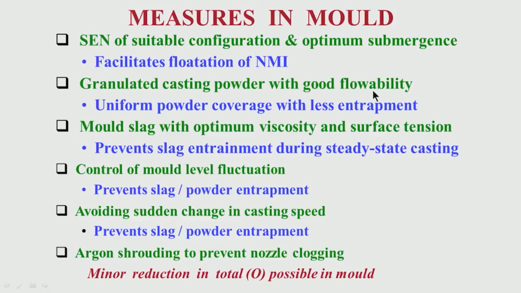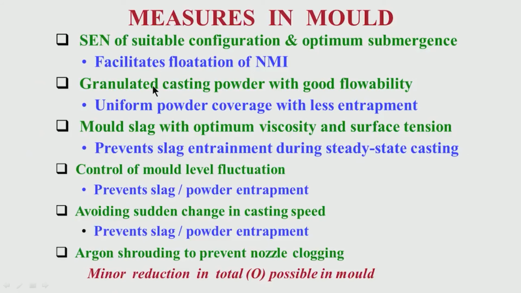Then granulated casting powder with good flowability. I have told you that powder is used for lubrication in the mold, which will get molten and generate slag. But what should the powder be? It should be granulated, it is not just normal powder.